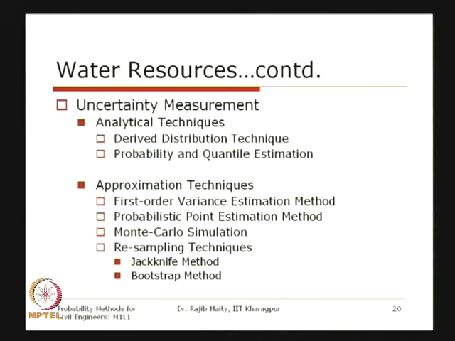There are different analytical techniques available to measure this uncertainty. The first one is the derived distribution techniques, and the second is probability and quantile estimation. The derived distribution technique means that whatever data I have, if I can fit that data to a particular distribution, then using that distribution I can give some information on the uncertainty associated with that particular data.